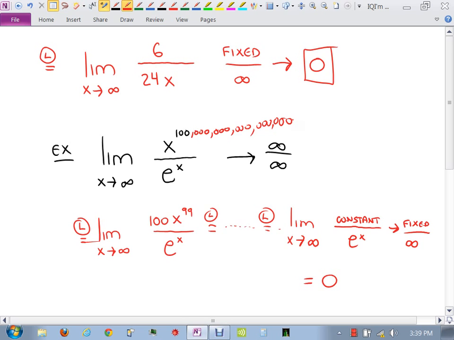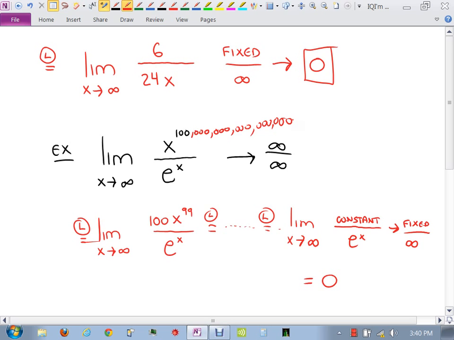What this is saying is actually pretty amazing. If you take x to any power, I don't care what it is, x to the billion power, and you divide it by e to the x, and you look at them as they go out to the right, eventually e to the x gets so big that it smashes this whole thing down to 0.